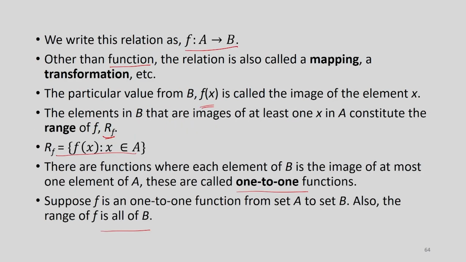Now, there is one point that I wanted to draw your attention to: one-to-one functions are those functions where if you take any element of B, the corresponding element of A cannot be multiple. There should be at most one element of A, it cannot be more than one, and those functions are called one-to-one functions.